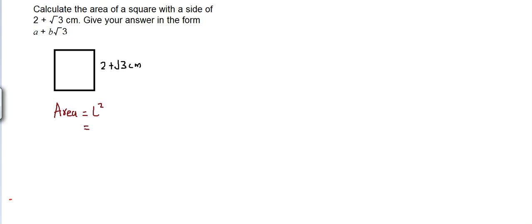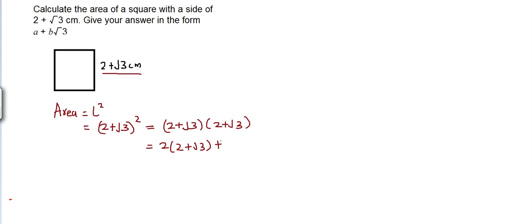So in this case, we have the length as 2 plus root 3, and then we square that. We can rewrite this as open bracket 2 plus root 3 close bracket, open bracket 2 plus root 3 close bracket. I'm going to expand the bracket, so I'll have 2 times 2 plus root 3, plus root 3 times the whole of this expression, 2 plus root 3.